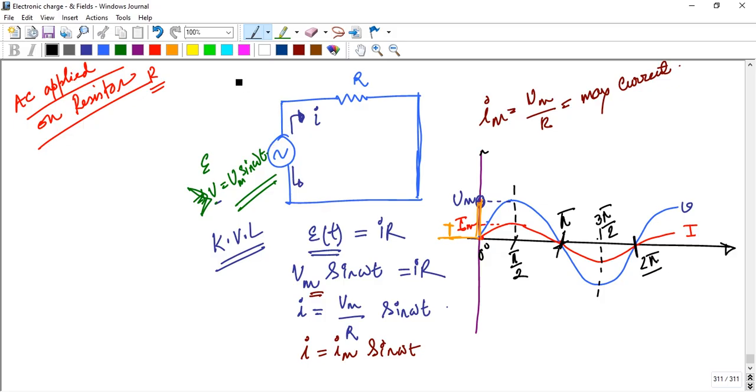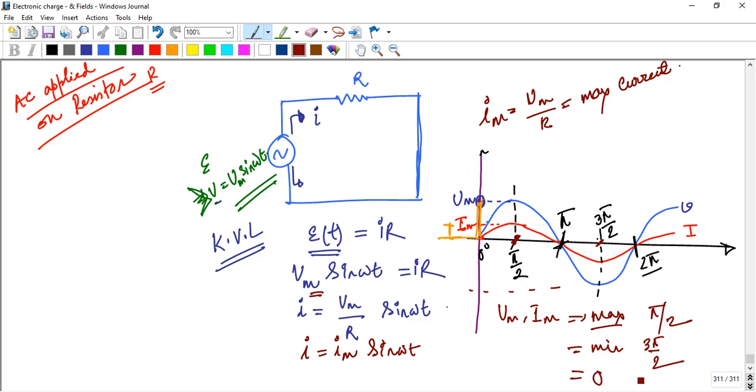You see that Vm and Im show maximum value at pi by 2, and minimum value at 3 pi by 2, because that is a minus. Max and minimum, and it shows 0 at 0 degree, at pi, and 2 pi.